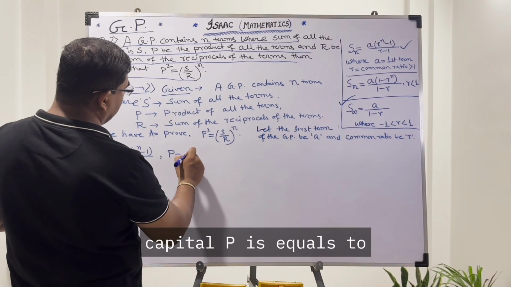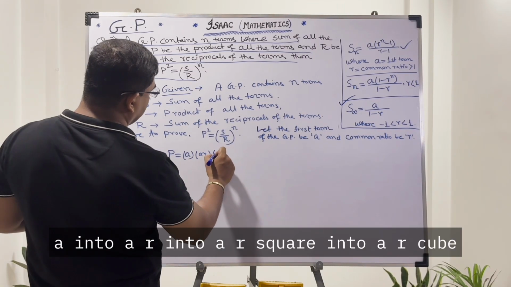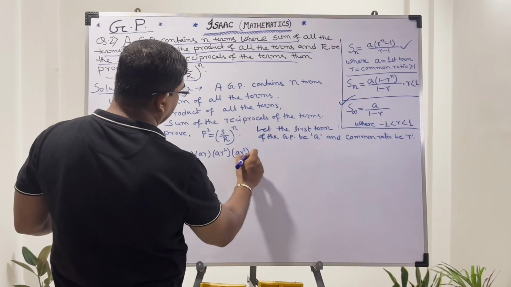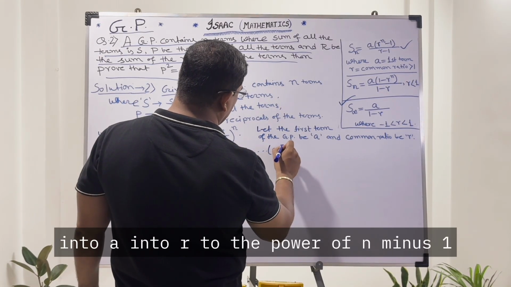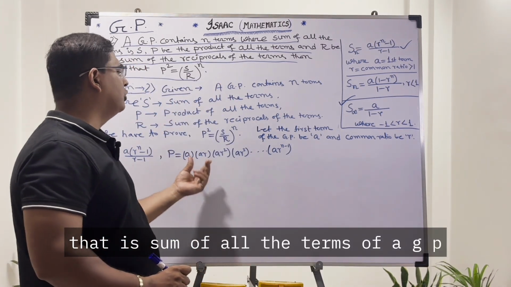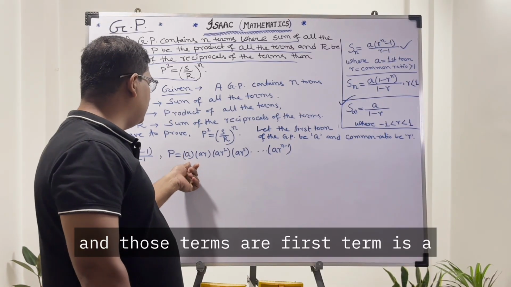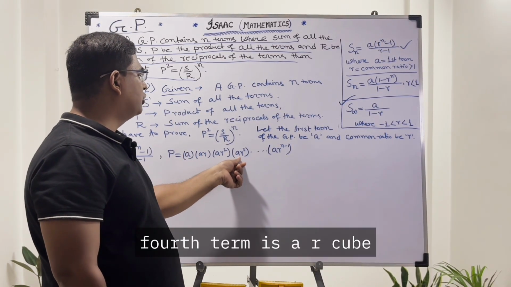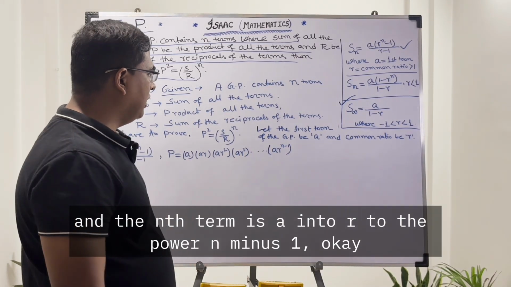Capital P is equal to a into ar into ar square into ar cube, continuing into a into r to the power of n minus 1. Those are the terms of the GP: the first term is a, the second term is ar, the third term is ar square, the fourth term is ar cube, and the nth term is a into r to the power n minus 1.